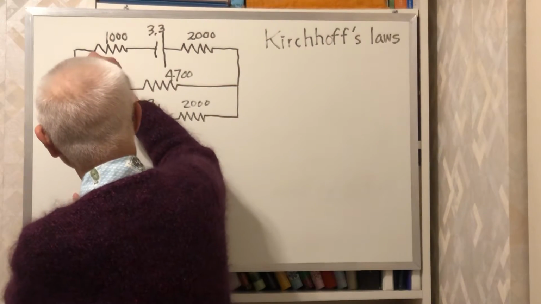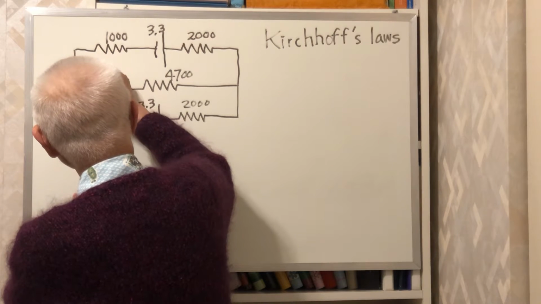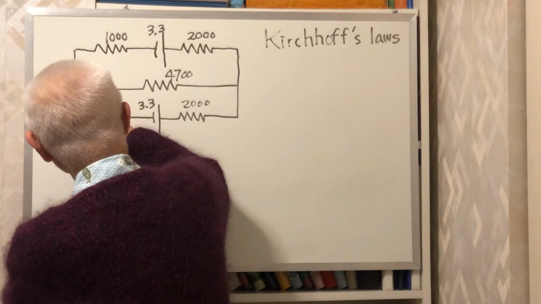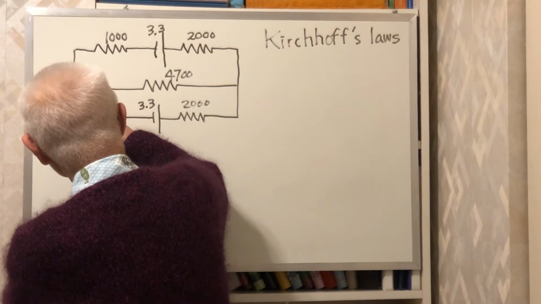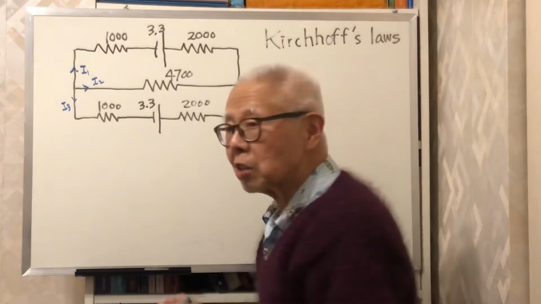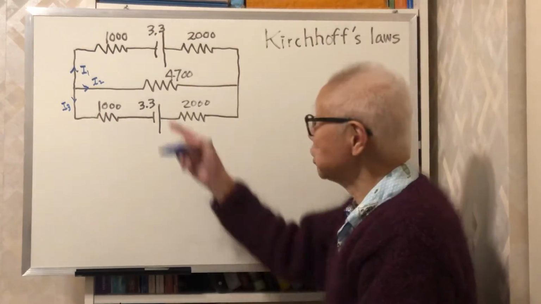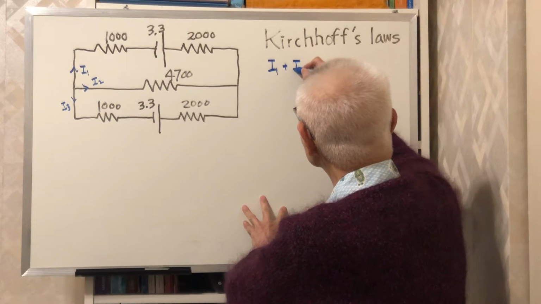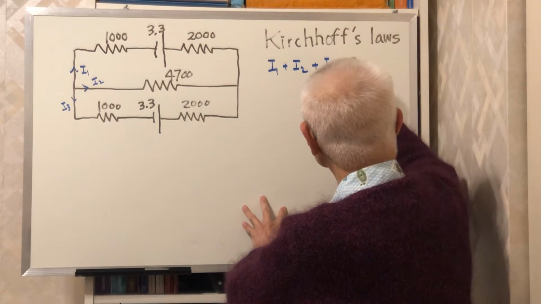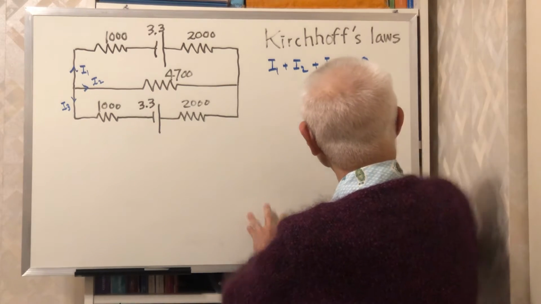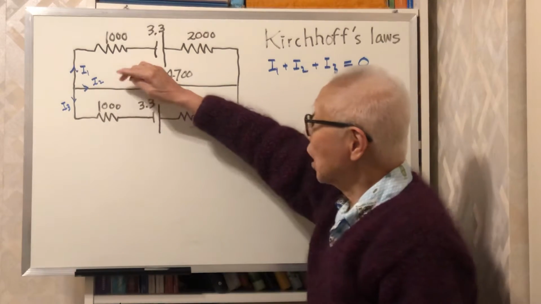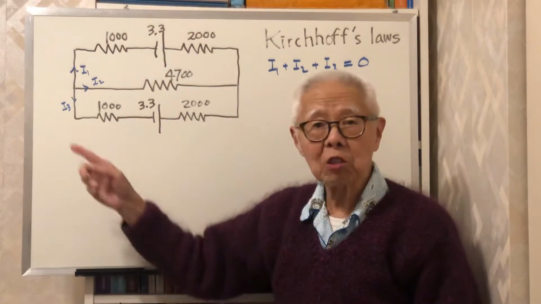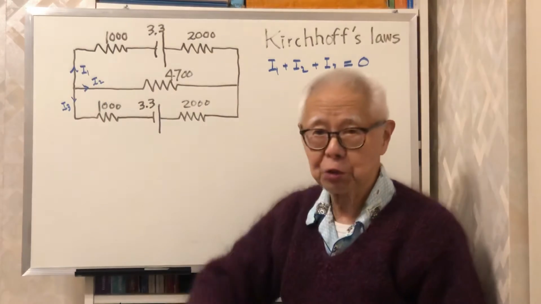Call this I1, I2, I3. Then you have the sum equal to 0, because I1, I2, I3 are all leaving this junction.